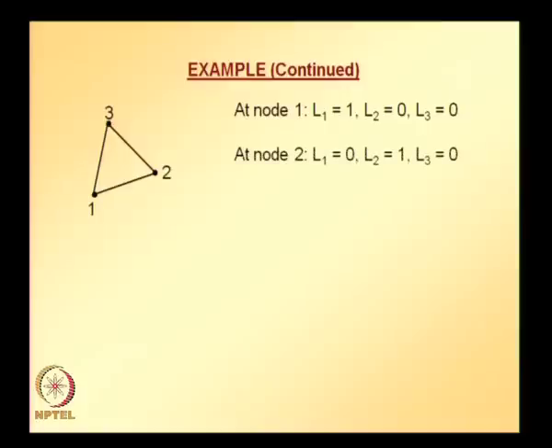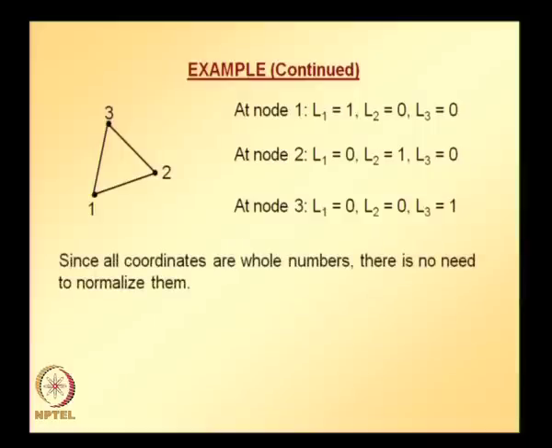Similarly, at node 2, L1 is 0, L2 is 1, L3 is 0. So, the node number under the 3 subscript numbering scheme for node 2 is 0, 1, 0. Similarly, at node 3 the L1, L2, L3 values are these. So, the node number for node 3 under the 3 subscript numbering scheme is going to be 0, 0, 1.